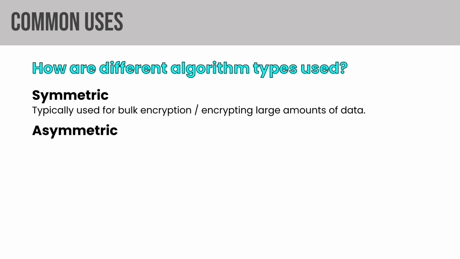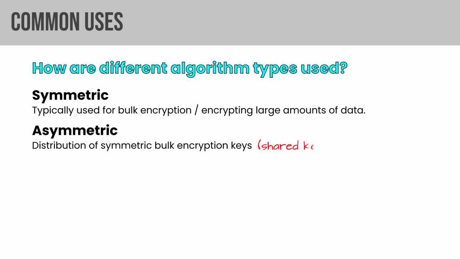Now, asymmetric, on the other hand, is used for distribution of symmetric bulk encryption keys. That shared key, that's one use. So in that sense, we could use symmetric and asymmetric together in that asymmetric can be used for that exchange of keys and symmetric can be used for the heavy lifting of the bulk encryption.